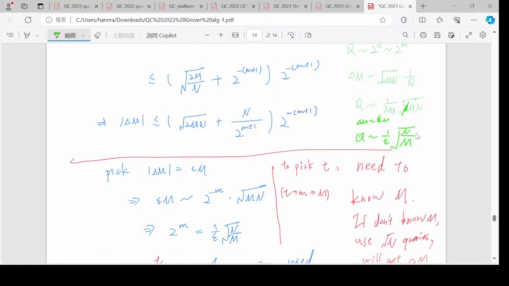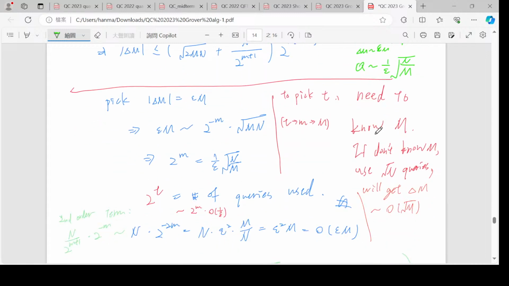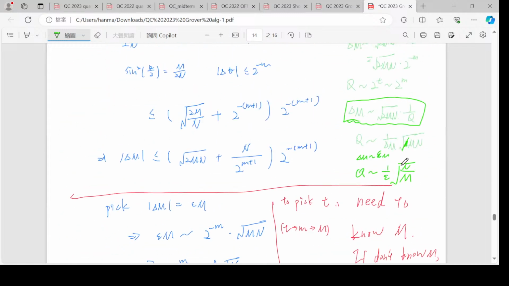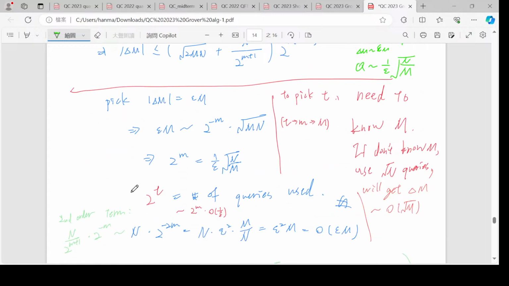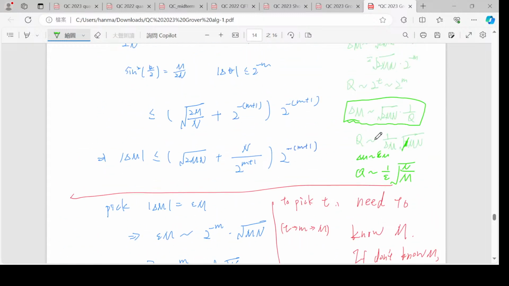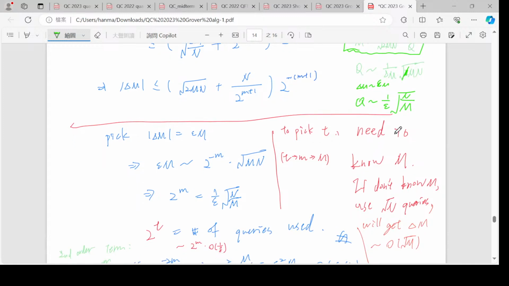Okay, so let's fix this here, it's kind of important. But then there is this red text part. If you actually want to get this, there is a problem, because if you want to pick t to have a constant epsilon, then we need to know small m, and if we need to know small m, we need to know big M. So now we see it is kind of circular.